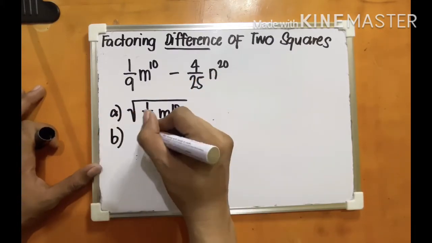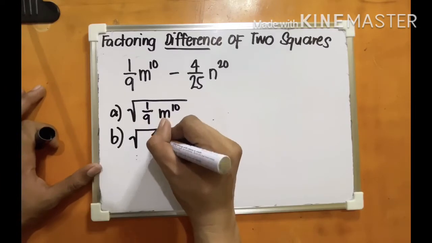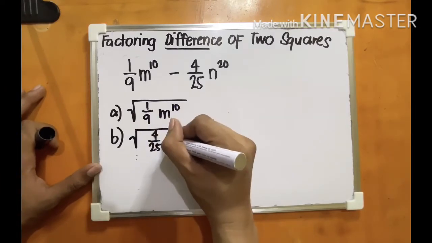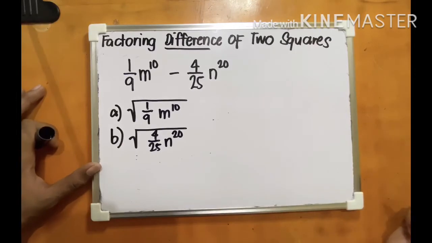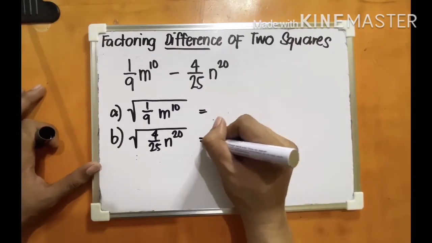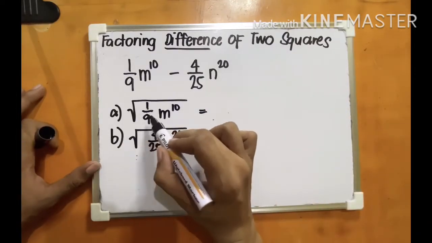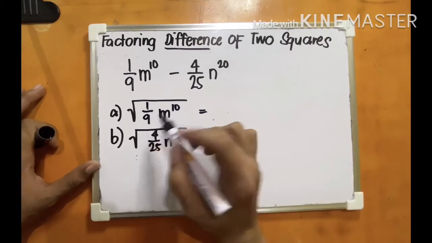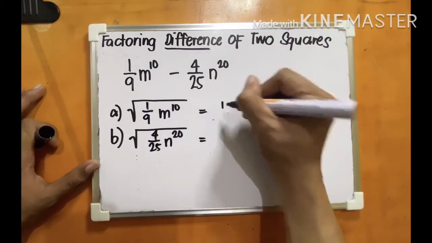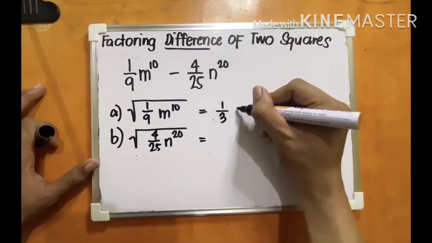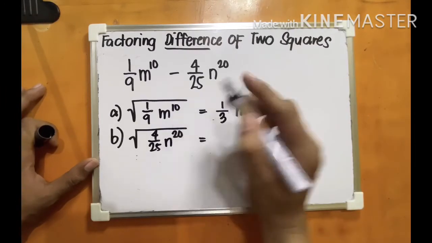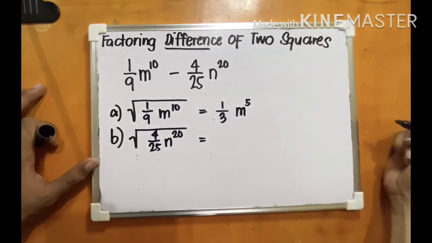Step B, square root of 4/25 n²⁰. Okay? So in order to get the square root, just get the square root of 1 and square root of 9. So square root of 1 is 1. Square root of 9 is 3. And then copy m. So 10 divided by 2 is 5.